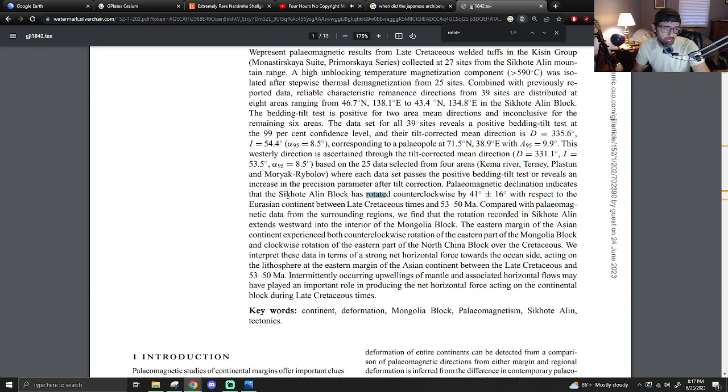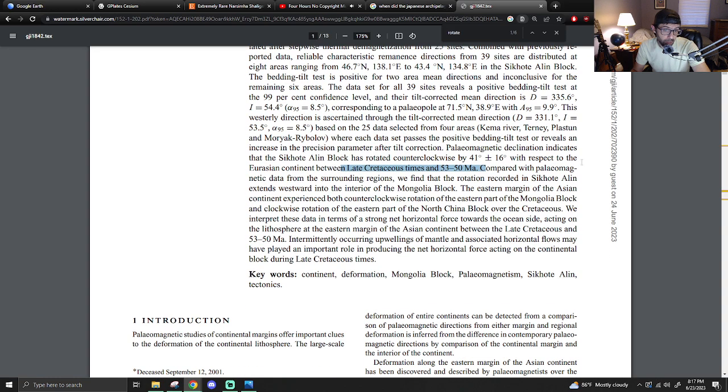Paleomagnetic declination indicates that this block has rotated counterclockwise by 41 plus or minus 16 degrees between 66 million and 50 million years ago, radiometric dating, interpreting late Cretaceous as the end of the Cretaceous, pretty much.